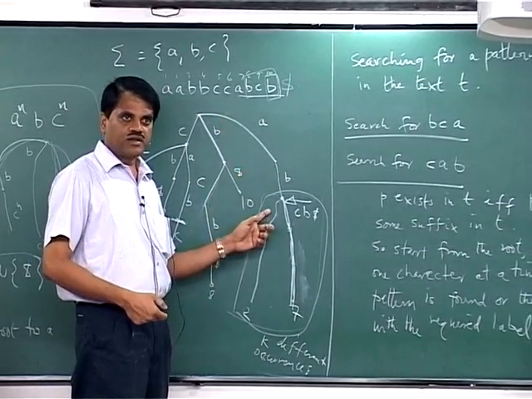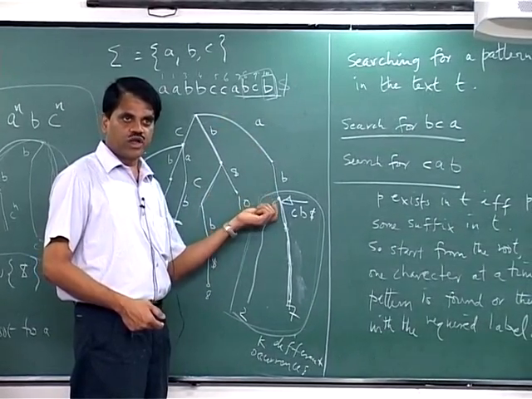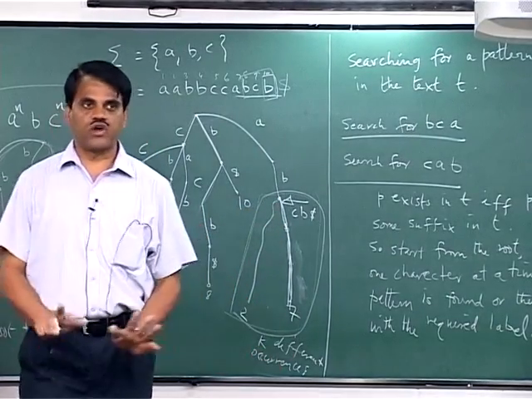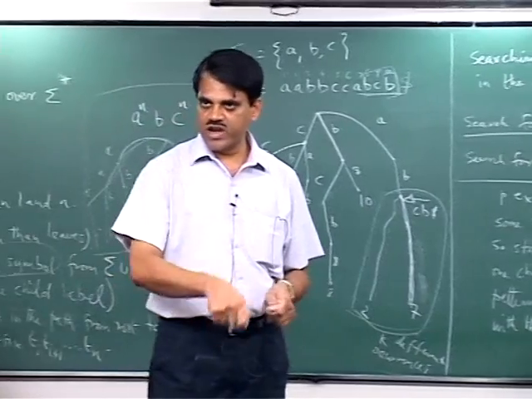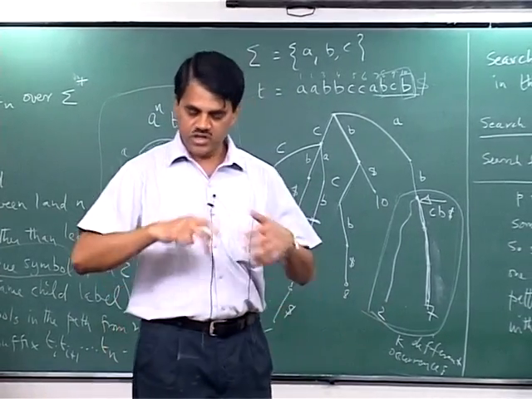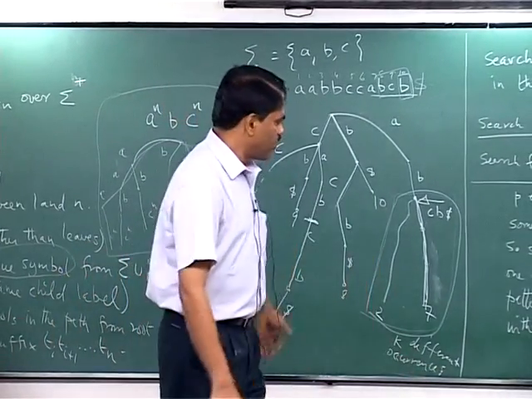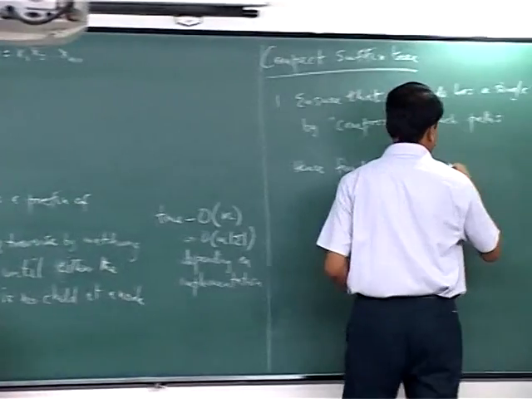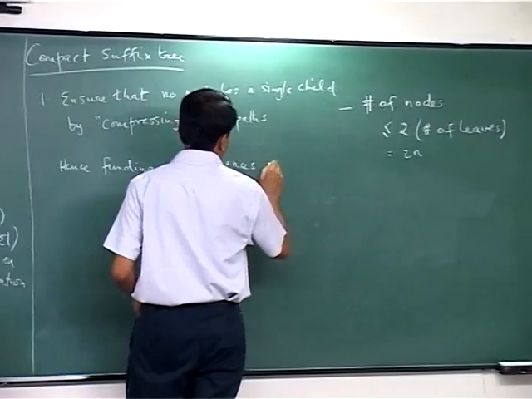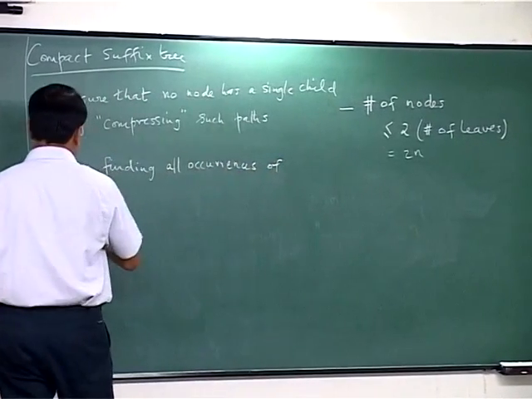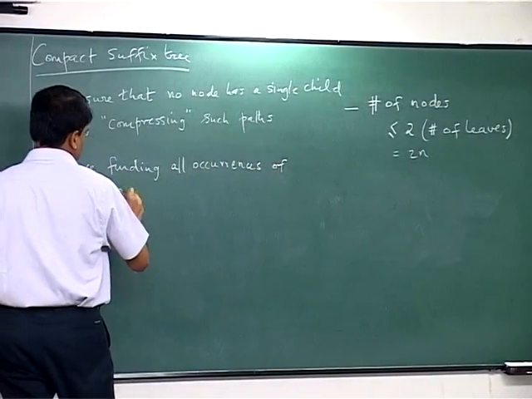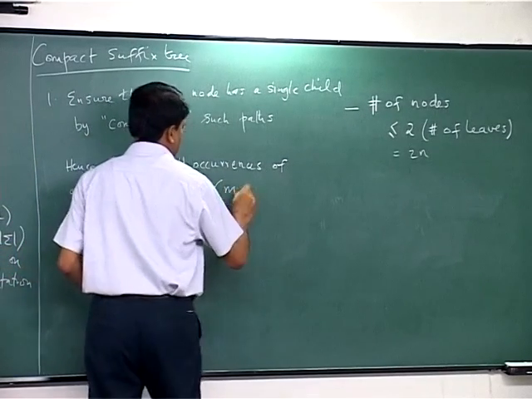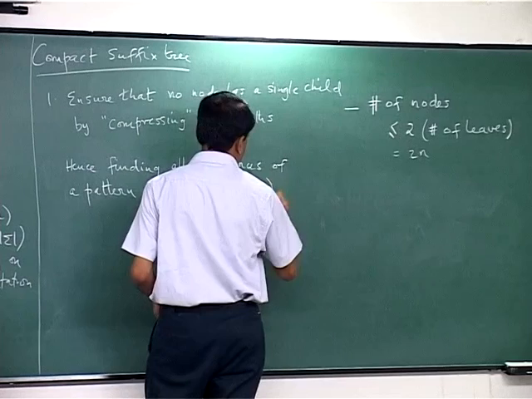Once I find that pattern, it takes me to a node. From then onwards, my goal is to go to all the leaves. That's all. I'm not even going to check for edge labels and do any comparison. I just go to all the leaves. So finding all occurrences takes order m plus k.